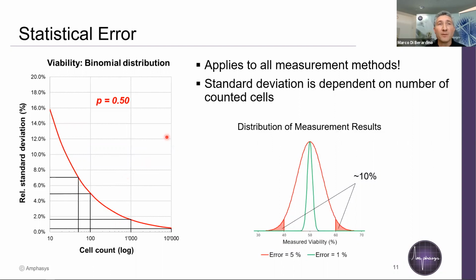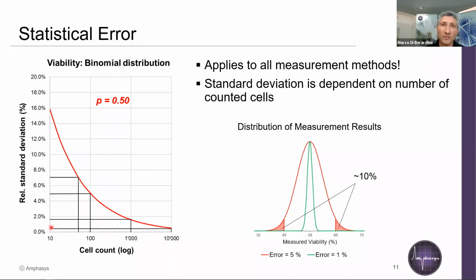If you pick up now just 10, 100, 1,000 or 10,000 cells of this pool, you will end up with a relative standard deviation that is completely different. For 10 cells, you get an error of around 16%. For 100 cells, you are going down to 5%. At 1,000 cells, you have less than 2%. If you count 10,000 cells, you are around 0.5%.